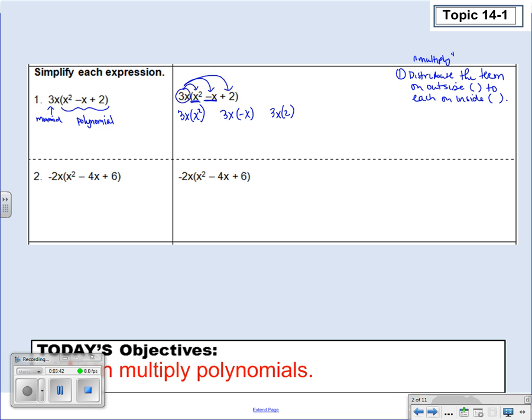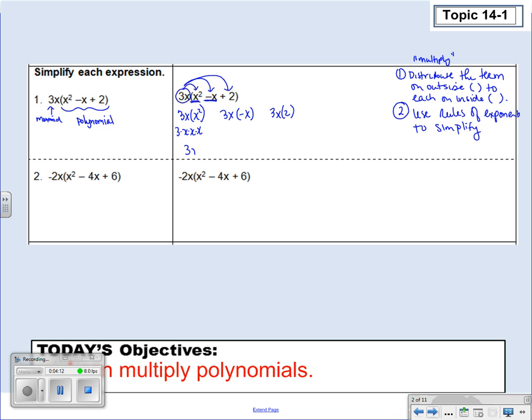So once I have distributed, then we have to use our rules about multiplication with exponents in order to simplify. So I'm going to say, use the rules of exponents to simplify. So what I mean by that is our first one, we have 3 times x times x times x.